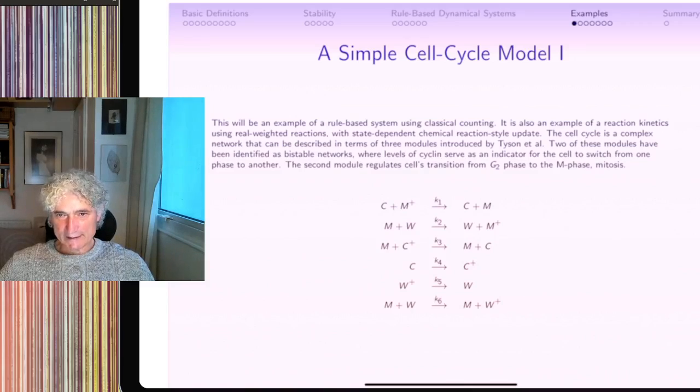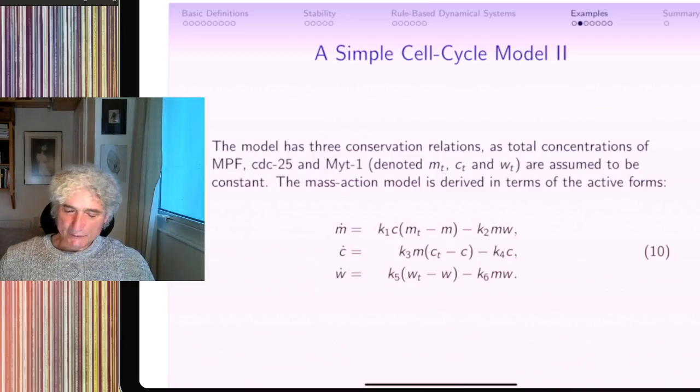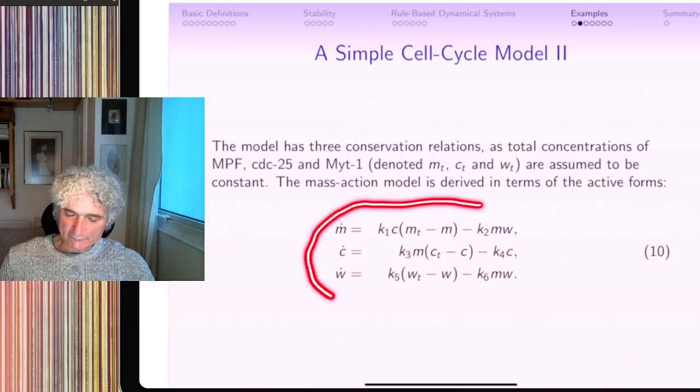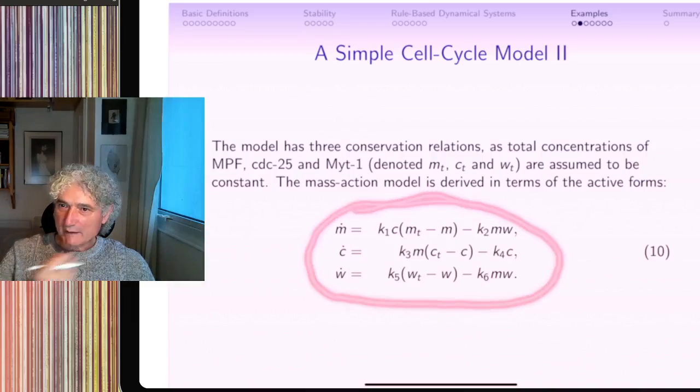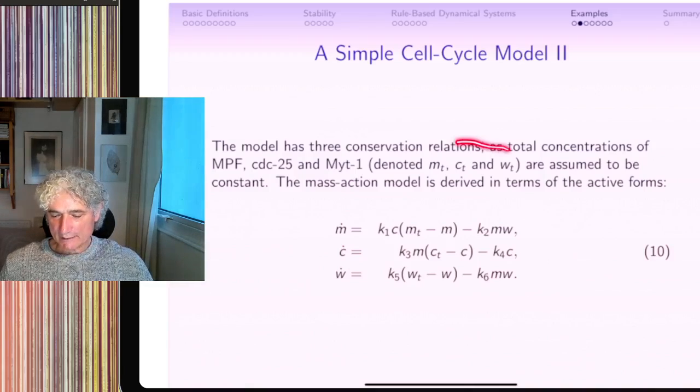And if we now exactly use the mass action kinetics hypothesis, and also use some conservation relationships which we have assumed for this cell cycle model, then you end up with a system of 3 first order ODEs, where the concentrations of MPF, CDC25 and mitosis factor 1 are given by small m, small c and small t.